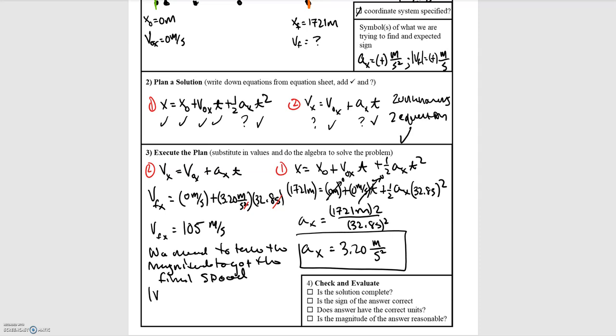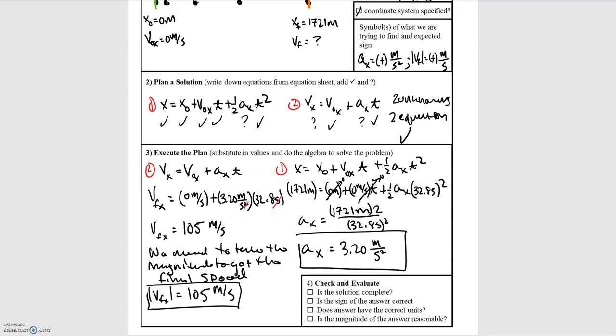So the magnitude of the final velocity is also equal to 105 meters per second. Now, if our final velocity was negative, then that velocity and the speed will not be the same value. And so that's something you're going to have to watch as you go through these problems: is the problem asking for the velocity or is it asking for speed?